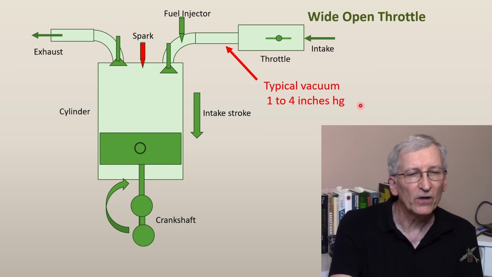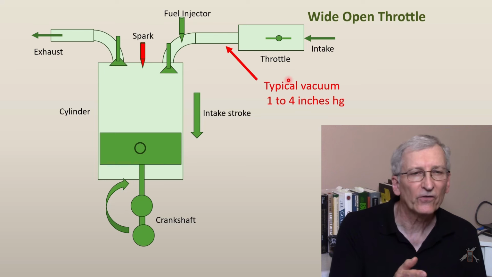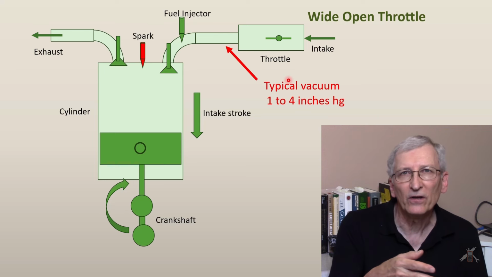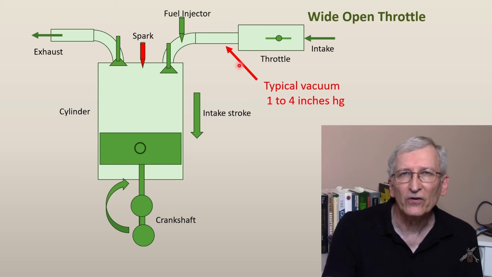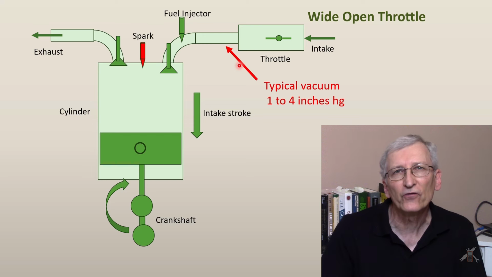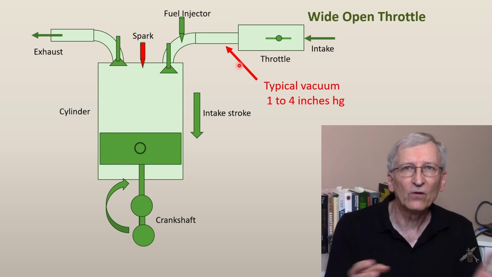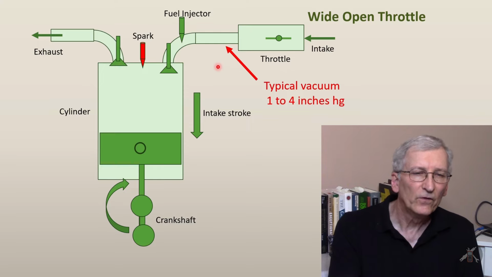Typically at wide open throttle, depending on your engine, it could be 0, but typically it's going to be like 1, 2, 3, 4 inches of mercury. We'll leave supercharged and turbocharged engines out of it, since that will influence this too. But for a non-boosted normal engine at wide open throttle, you're going to be somewhere in that range.